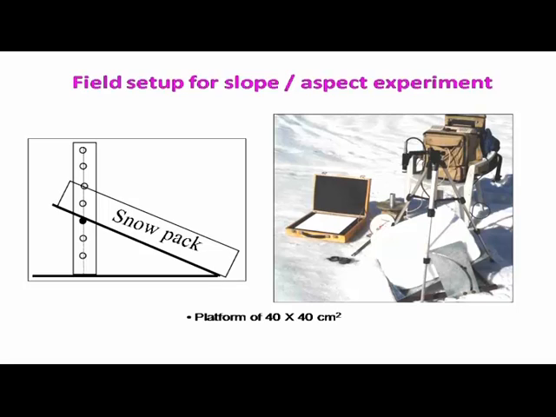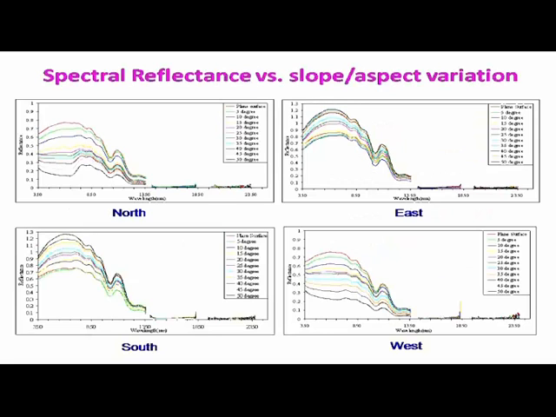Then we have also conducted the experiment for various slope and aspect, by making an arrangement where we can tilt the platform and put it in different aspects. From this experiment, these are the spectra for the north, east, south and west directions, and this is with different degrees of slope.